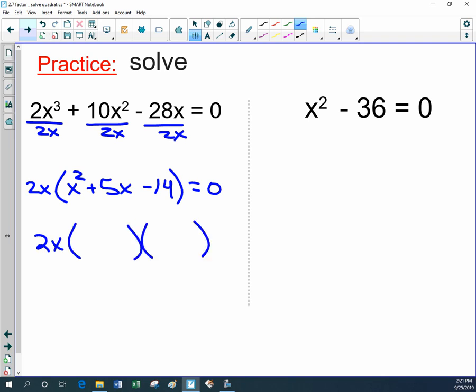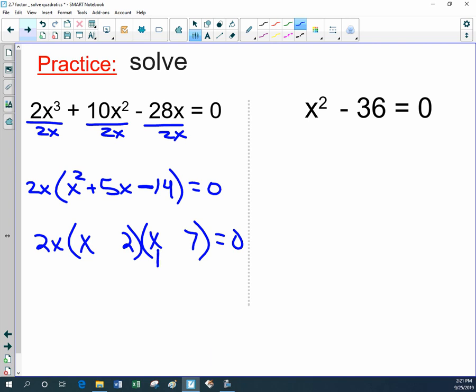And we're going to factor what's inside the parentheses. So factors of x squared, x and x. The last term is negative, so I know the signs are opposite. Factors of 14, 1 and 14, or 2 and 7.